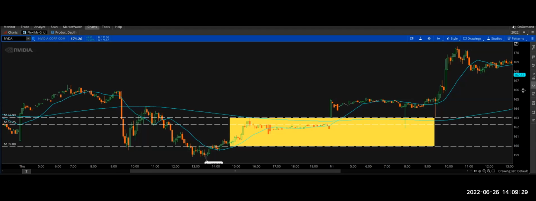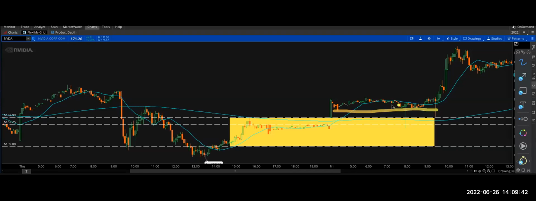So here's a couple caveats to this. When the stock opens up just above the box, 9 times out of 10, it's going to be a bullish trend.